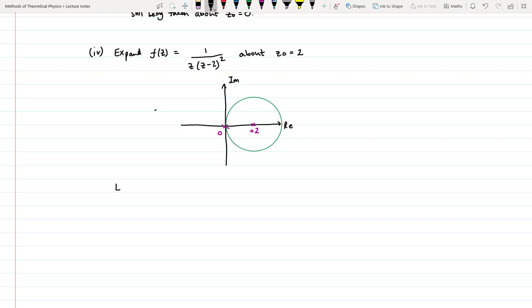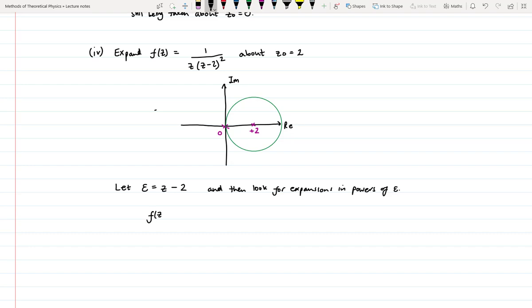So it's going to be helpful to define epsilon equal to z minus 2, and then look for expansions in powers of this complex number, epsilon.